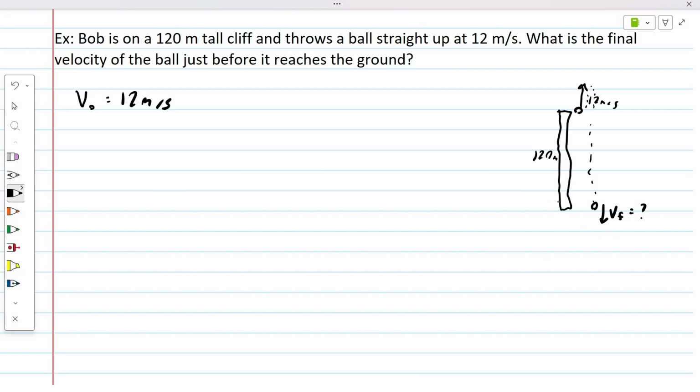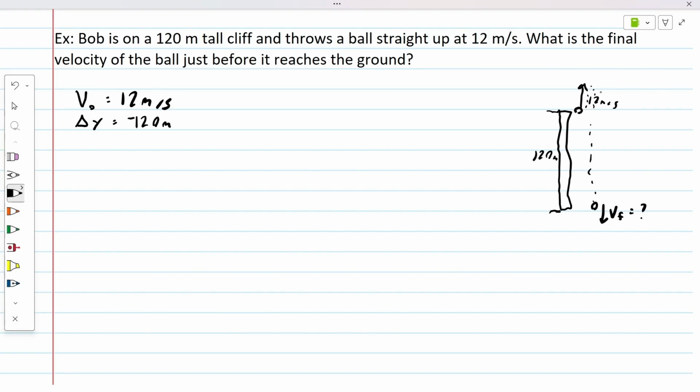So for this 120 meter cliff, we can set the change in y equal to 120 meters. Because it's starting at the 120 and ending at the very bottom, this will be a negative 120 because it's going down 120 meters.